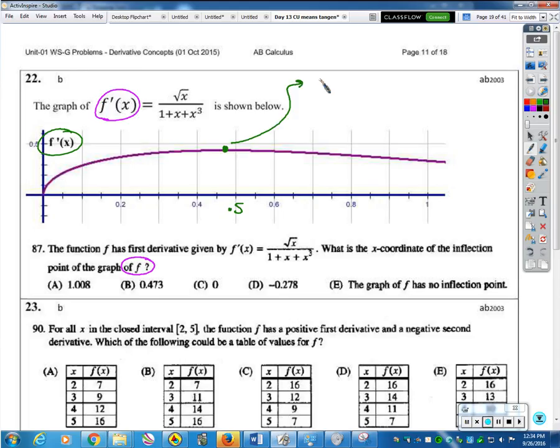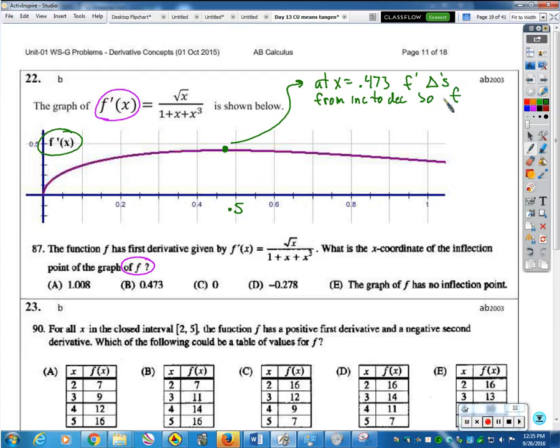Let's see. At x equal to about 0.473, f prime changes from increasing to decreasing.